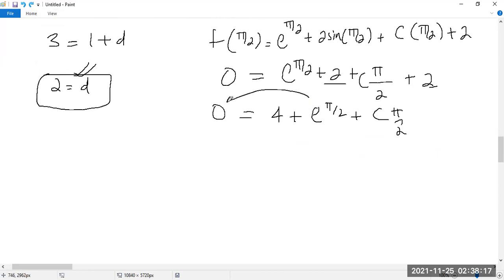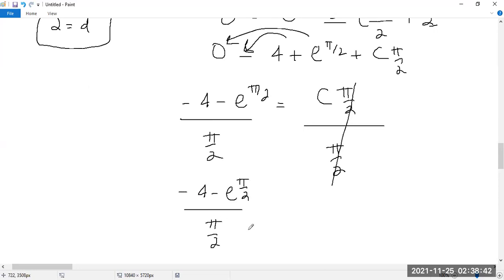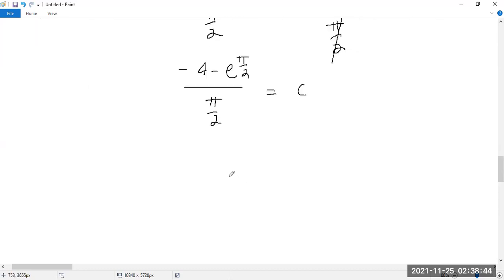So I'll take this to the other side. I want to isolate the c basically. I'll say that this is negative 2 minus e to the pi over 2 equals c pi over 2. And then maybe I'll divide both sides by pi over 2. So I have negative 2 minus e to the pi over 2, over pi over 2, equals c.